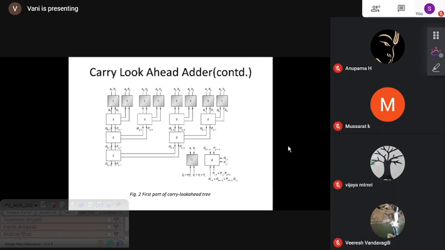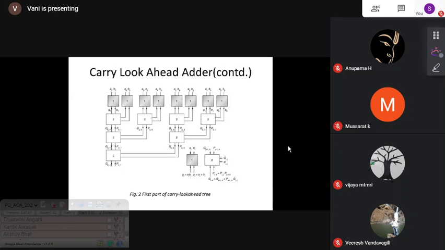So this is the first part, that is, this architecture is used to generate the values of G and P. So G and P, we can see that in the first block, the G and P are generated from the input values A and B, and so on.